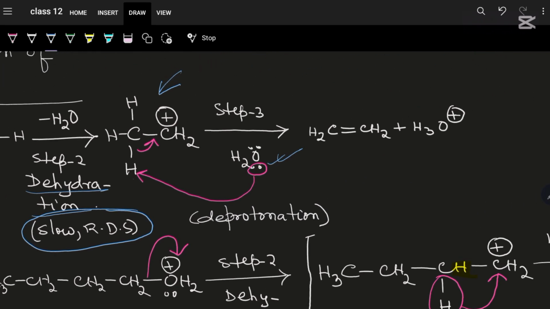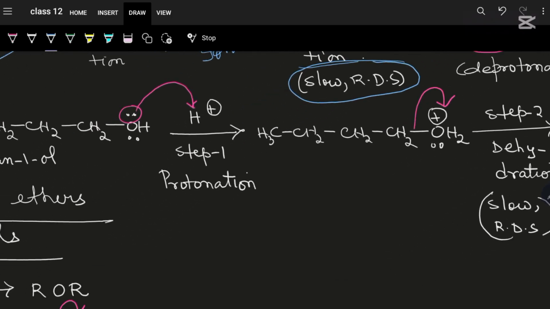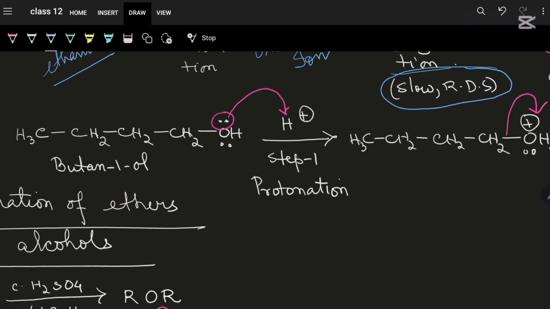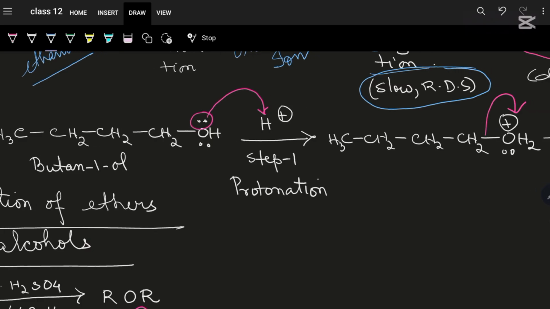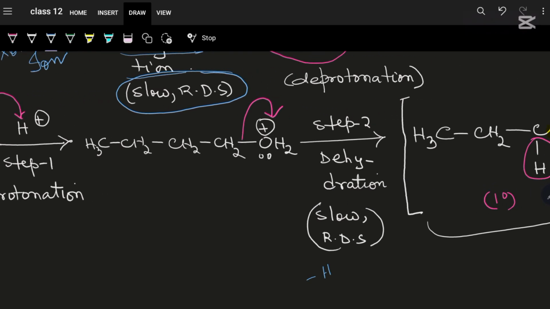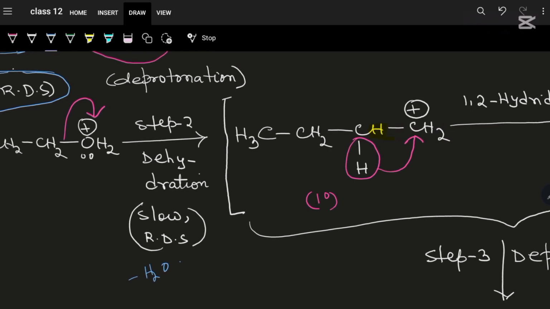Here again, as many types of beta hydrogen, that many alkenes will be formed with the most substituted alkene as the major product. So this is another mechanism I have given. Butanol getting protonated, forming oxonium ion, getting dehydrated, minus H2O to give you the carbocation intermediate.